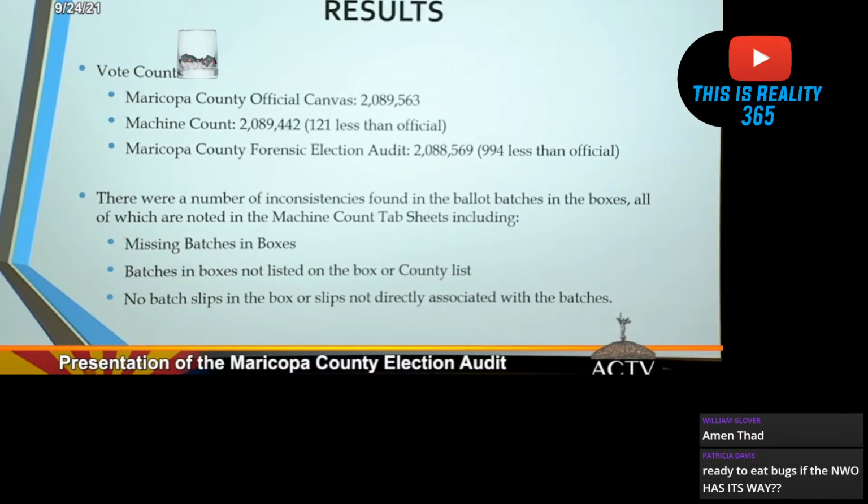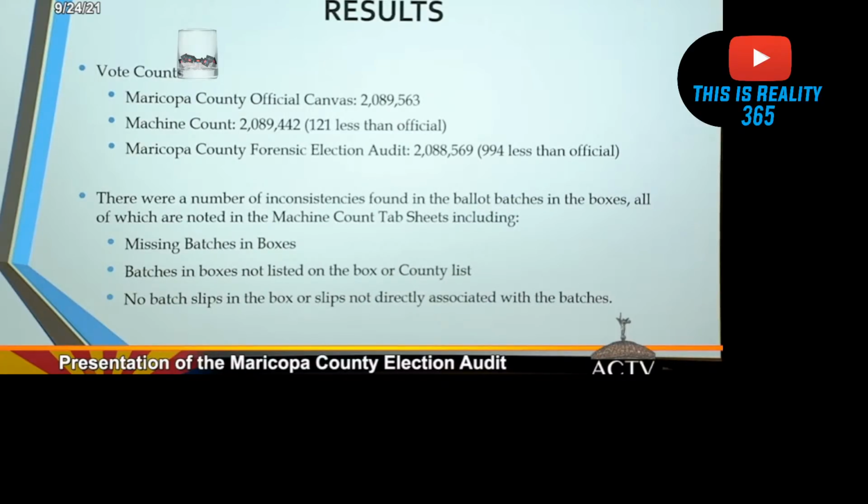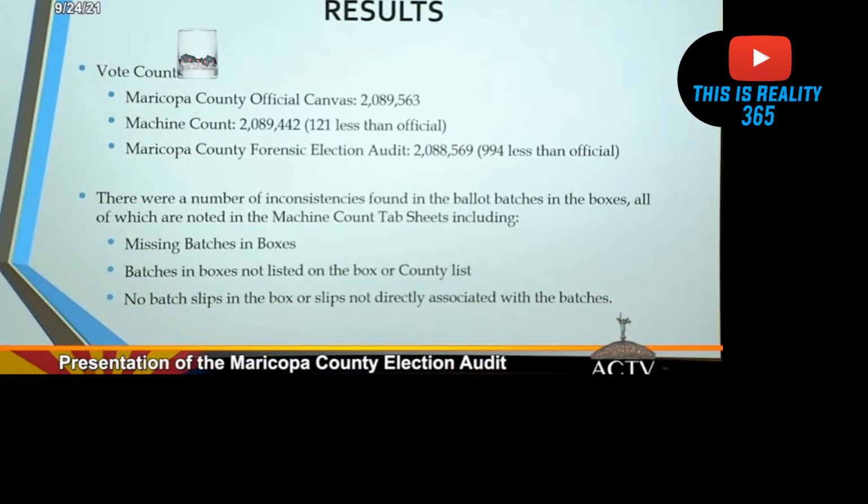So we were finding missing batches and boxes. We were finding batches and boxes not listed on the boxes, so kind of like a ghost batch. And when you opened some of the boxes, the batch sheets that went with every batch, which typically had about 200 ballots in the batch, weren't with the batch, they were on top of the batch or on the side, and so we'd have to go through and figure out manually which batch sheet went with which batch.